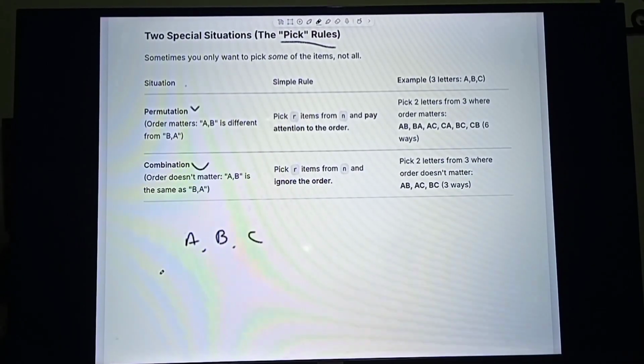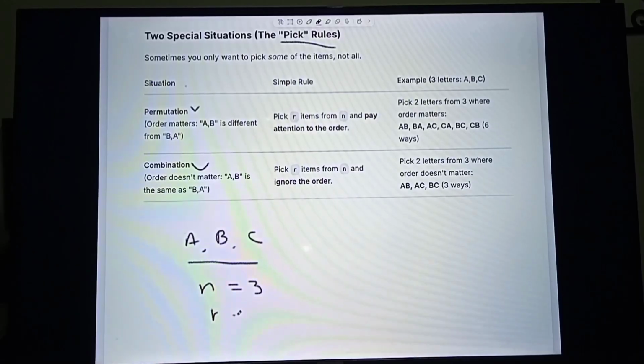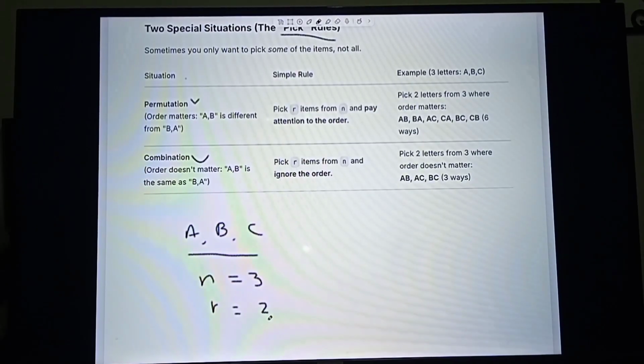So here there are three books, so we can say that N is equal to 3. Now we want to choose two books out of it. Now let's arrange two books at a time.